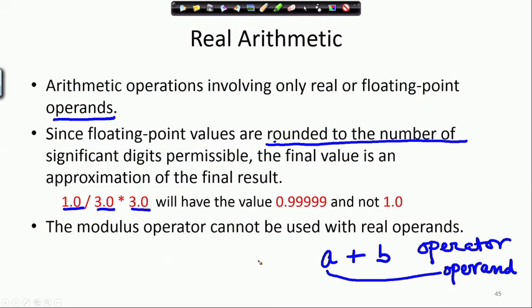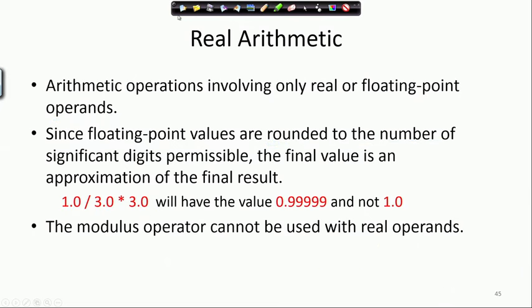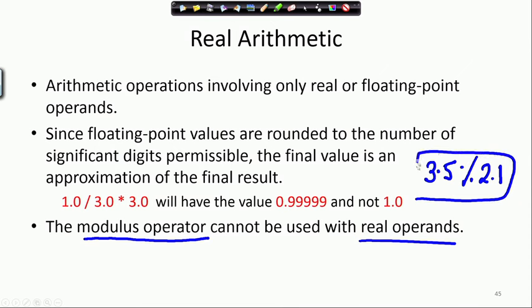One thing we have to remember is that the modulus operation is not defined over real operands. So, I am not allowed to do 3.5 modulus 2.1, that is not allowed. The modulus operation is allowed only for integer arithmetic.